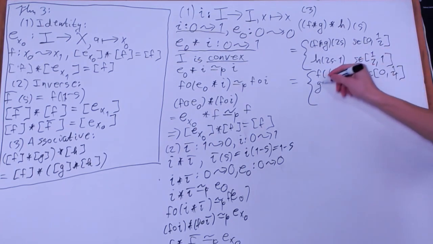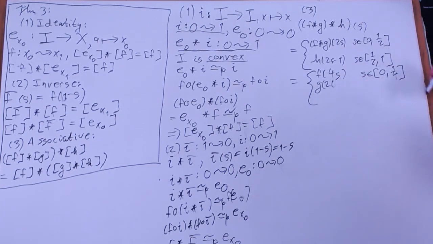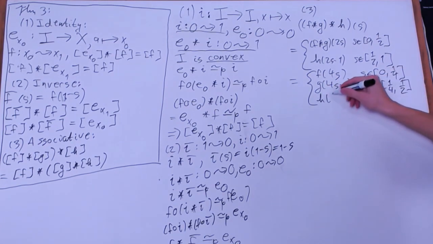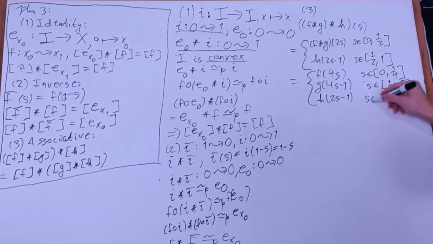Then we will have g of 2 times 2s minus 1, which is g of 4s minus 1, for 2s between 1/2 and 1, which is the same as saying that s is between a quarter and a half. And then the h value stays the same: h of 2s minus 1 for s between 1/2 and 1.